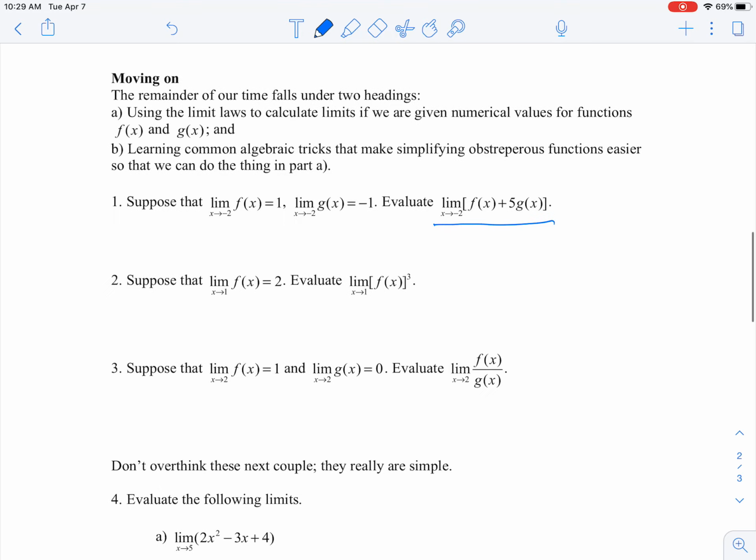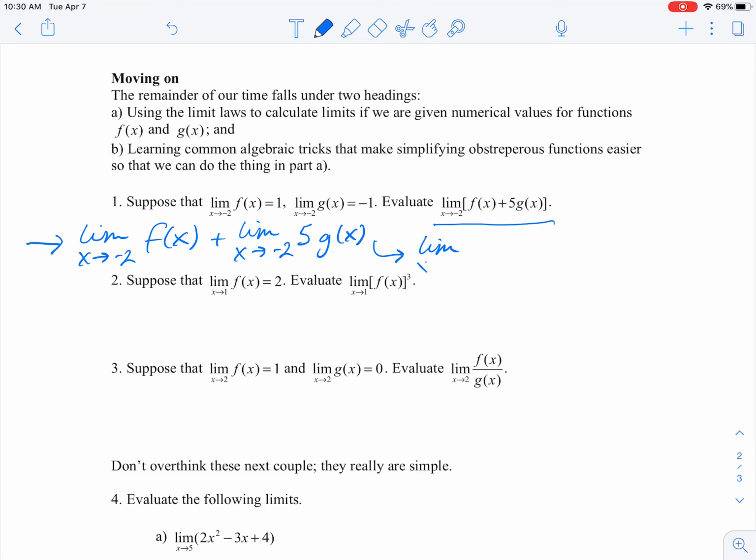Well, if we refer back to our laws, we can see that we're allowed to break this up. This is the limit as x approaches negative 2 of f of x plus the limit as x approaches negative 2 of 5 times g of x.